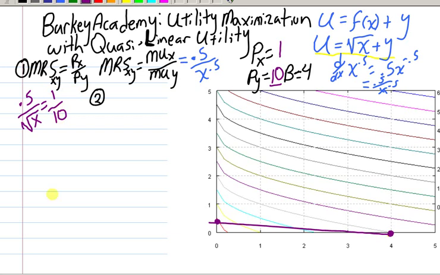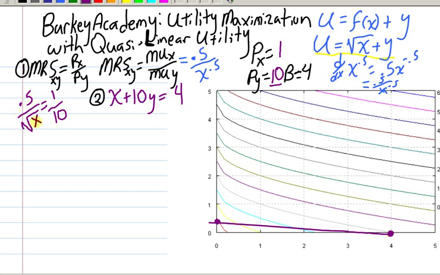Our second equation is going to be the budget line equation. The price of x times x, 1x, plus 10y, price of y times the number of y's equals 4. So here's our two equations. Now let's solve these two equations and see what pops out here.